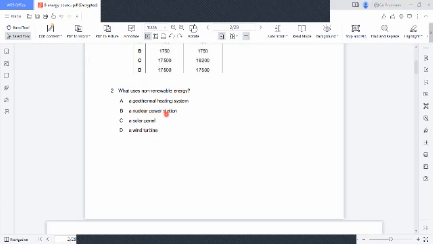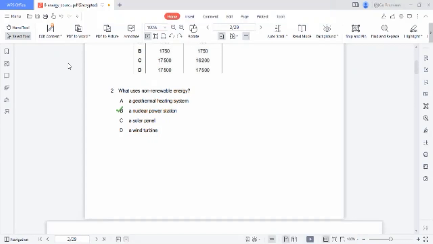A nuclear power plant is using some nuclear substances, and geothermal heating energy is an infinite amount of some lava. So I think nuclear power stations are using non-renewable energy resources, whose amount is going to decline in coming days. So that's the only possible option for me.